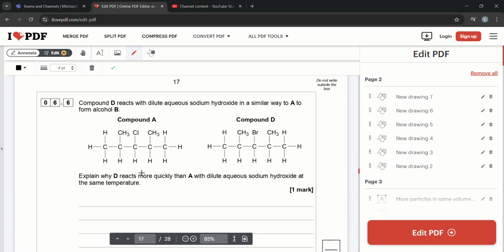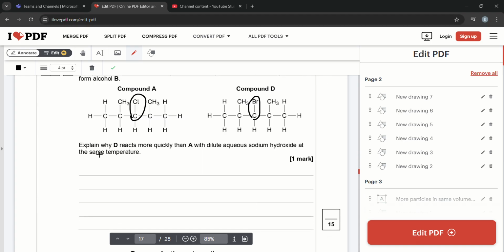And then 6.6, explain why D reacts more quickly than A with dilute aqueous sodium hydroxide at the same temperature. So compound D has C-Br, compound A has C-Cl. That's the only real difference.